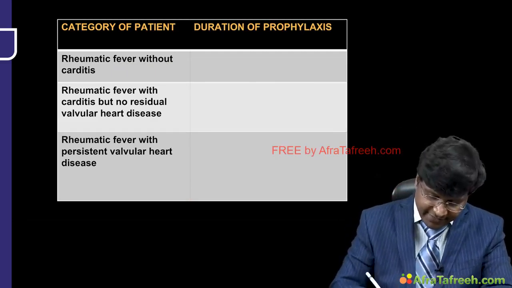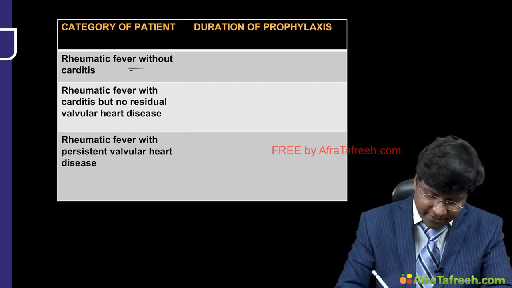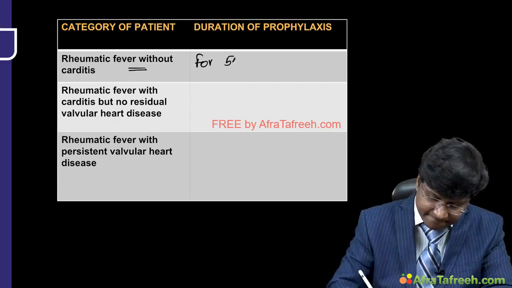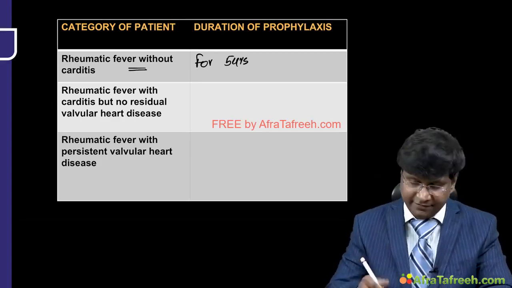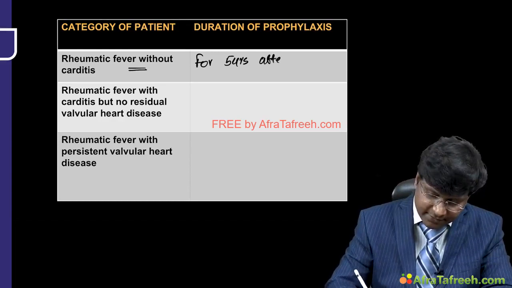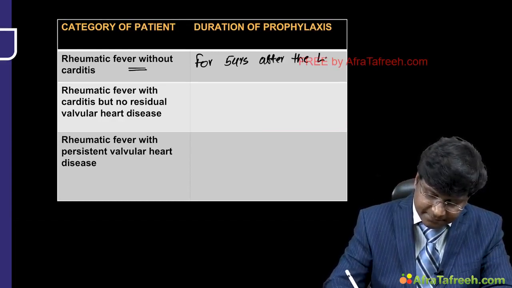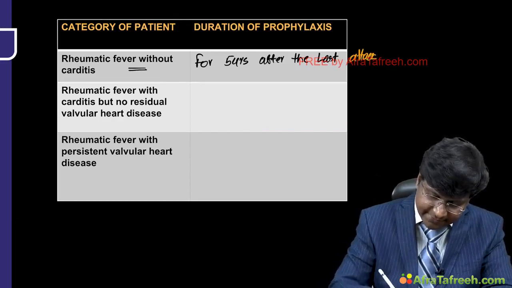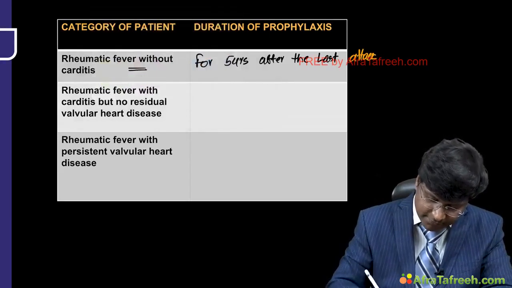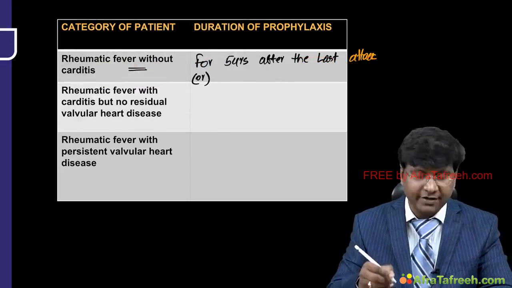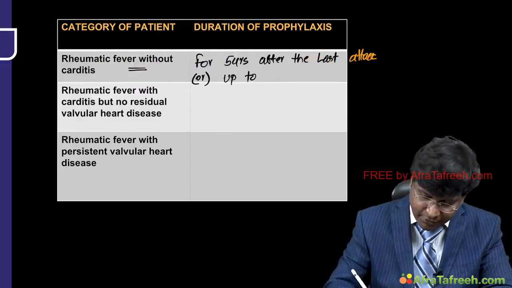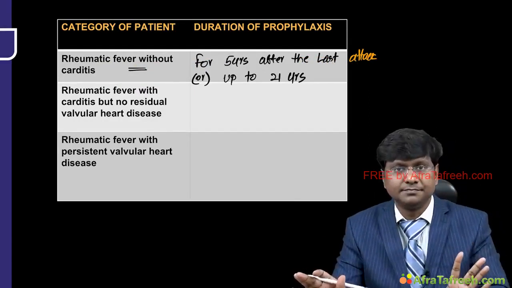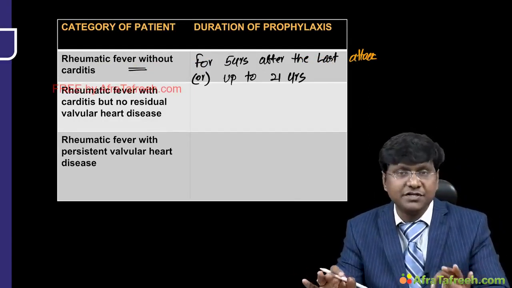If the individual has rheumatic fever without carditis, you have to give for 5 years after the last attack, or up to 21 years of age, whichever is longer.